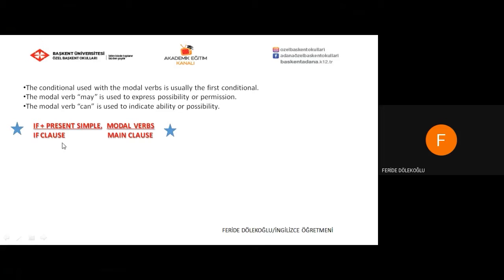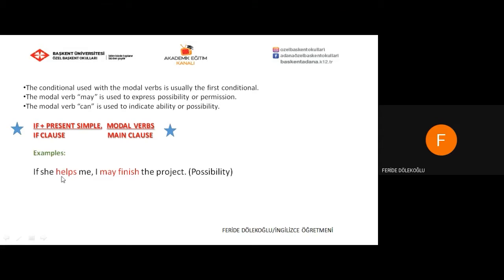Look at the structure. In the if clause, we use present simple. It doesn't change, as you see. In the main clause, you can use modal verbs like can, may, sometimes must, okay? You can use different modal verbs. For example, if she helps me, I may finish the project.